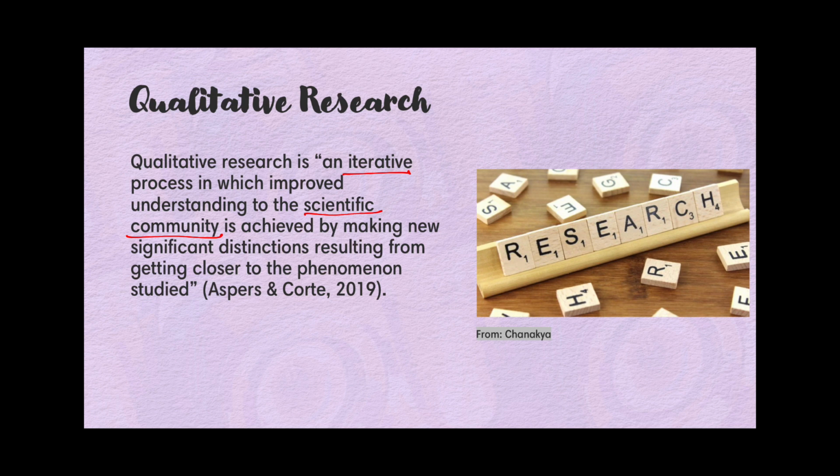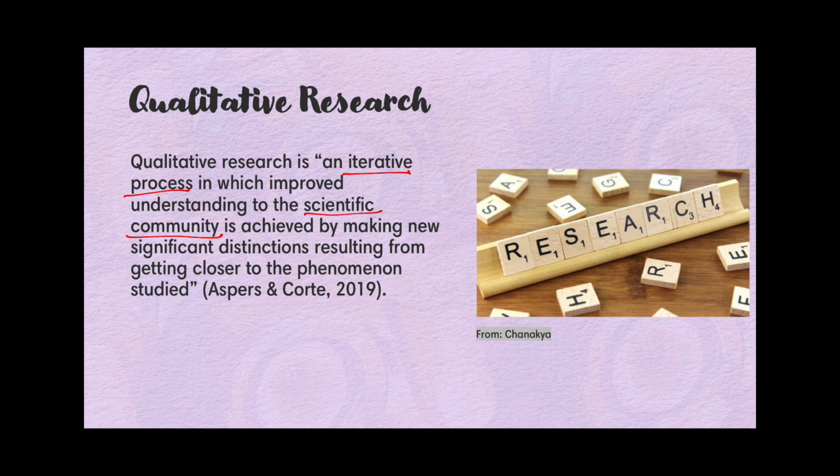Second, qualitative research is an iterative process, and I think it's very unique to qualitative research versus quantitative research, which usually has a systematic process that follows. You go step 1, and then step 2, and then step 3.